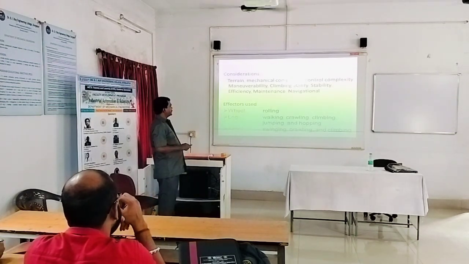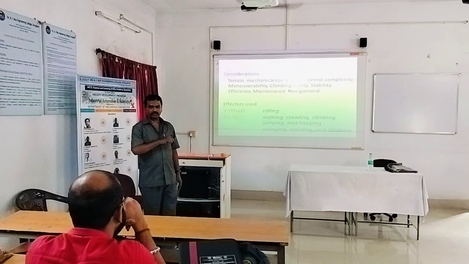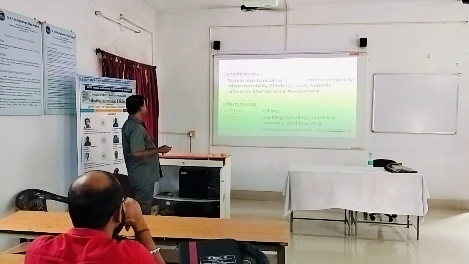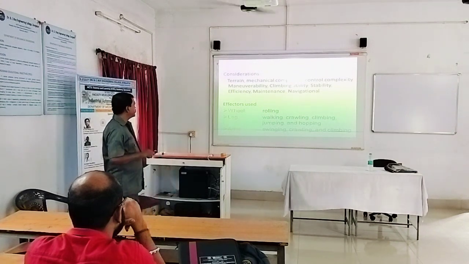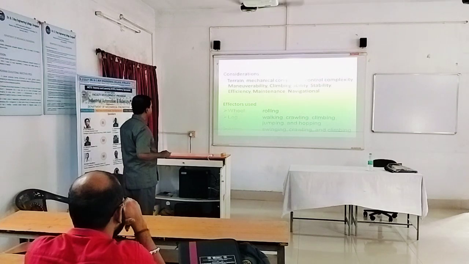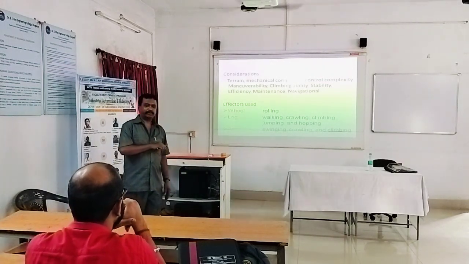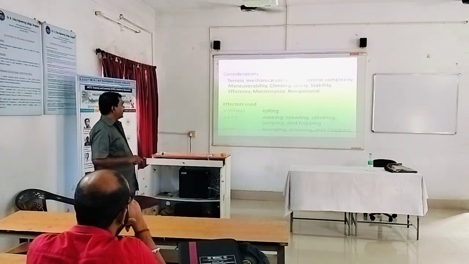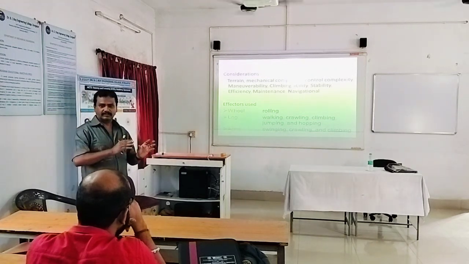So a mobile robot becomes mobile due to this locomotor. So locomotion is very important, because this locomotor will be selected by considering its terrain, mechanical complexity, and how to control the action of that locomotor.